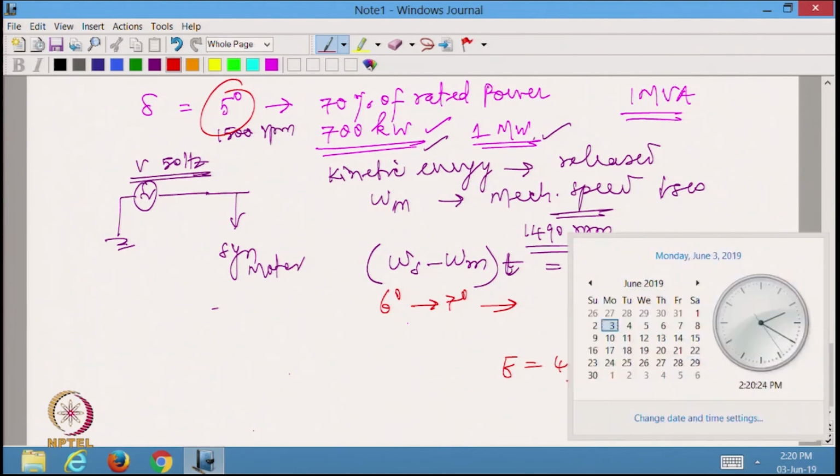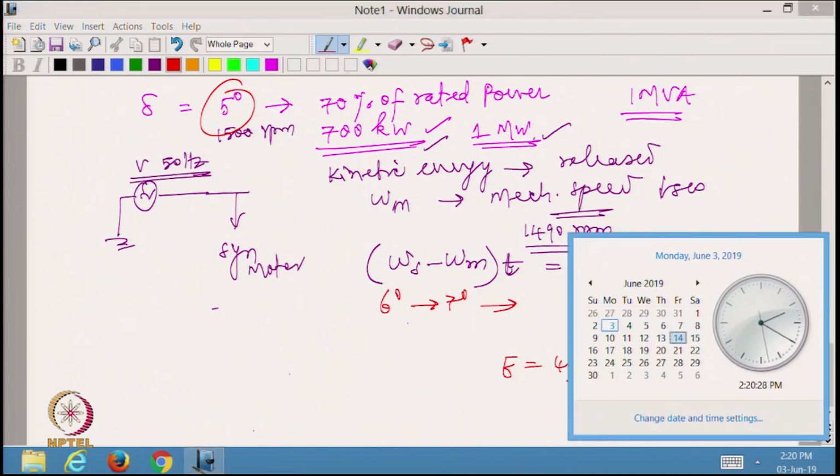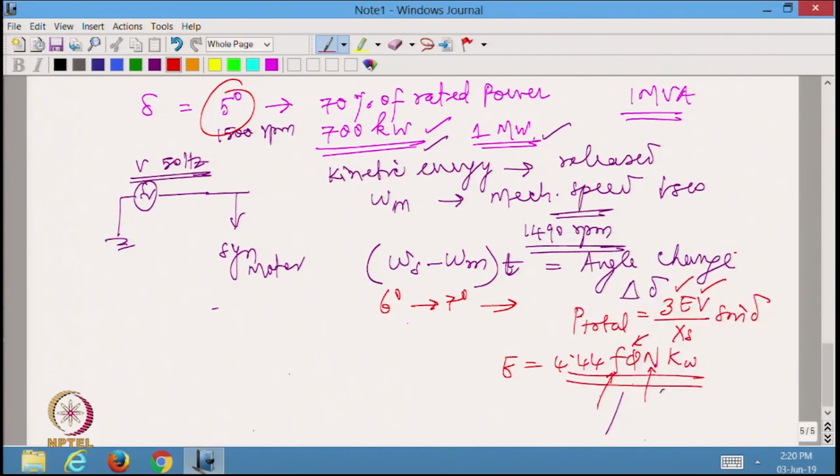Same is the case with the winding factor of the machine as well. So, the only thing P total can change with is delta, and delta has increased. So, P total will definitely increase.